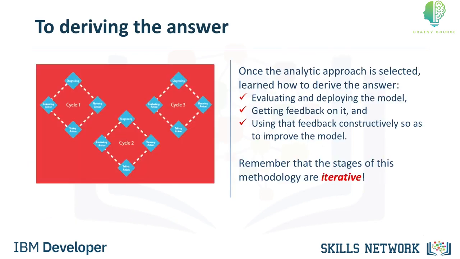You've also learned how to model the data by using the appropriate analytical approach based on the data requirements and the problem you're trying to solve. Once the approach was selected, you learned the steps involved in evaluating and deploying the model, getting feedback on it, and using that feedback constructively so as to improve the model.